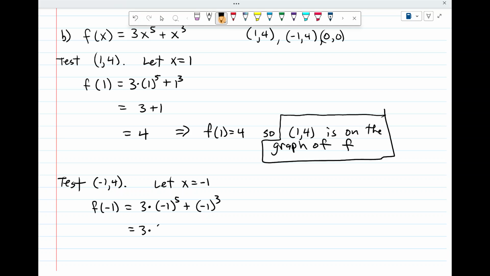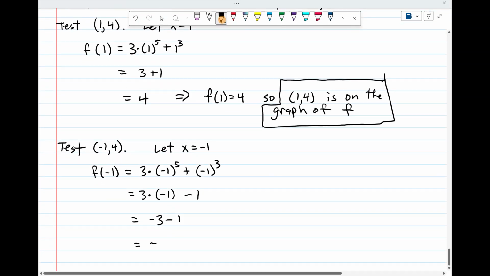This ends up being 3 times negative 1, because negative 1 times itself 5 times is negative 1, and negative 1 times itself 3 times is negative 1. This ends up being negative 3 minus 1, which is negative 4, not 4. So the point negative 1, negative 4 is on this function, but not the point negative 1, 4.